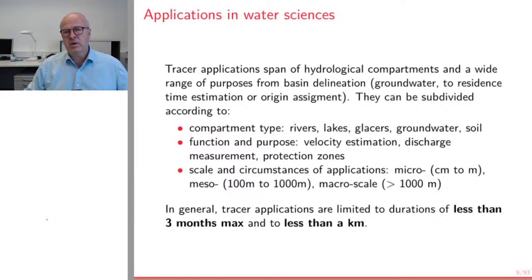I did this when I worked for the isotope laboratory, and we went there once or twice a year and took the samples. We never detected anything, but this is a nice example of a tracer experiment that took more than a year, that was designed to take several years, but a very rare occasion.